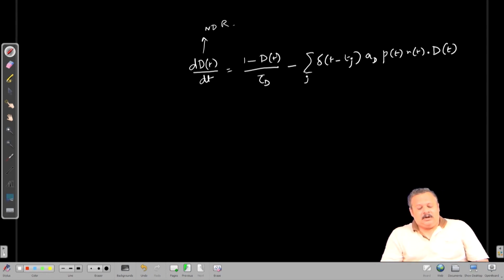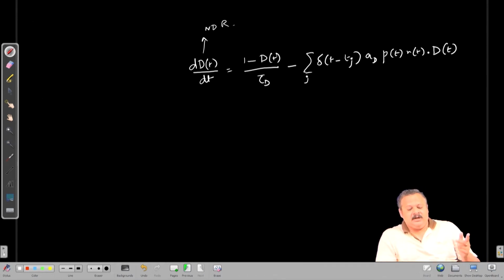So, now you can see that we have the factor for facilitation, we have the factor for neurotransmitter depletion, we have a factor for the desensitization of receptors, all of them included in the model.